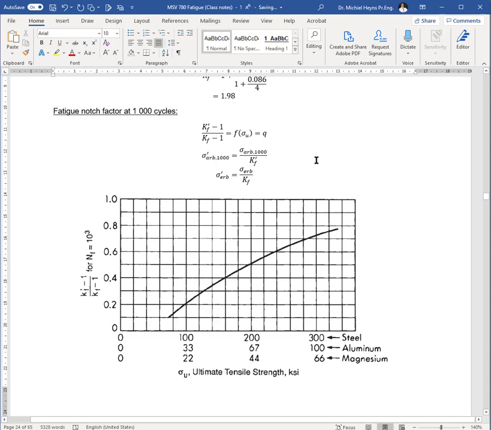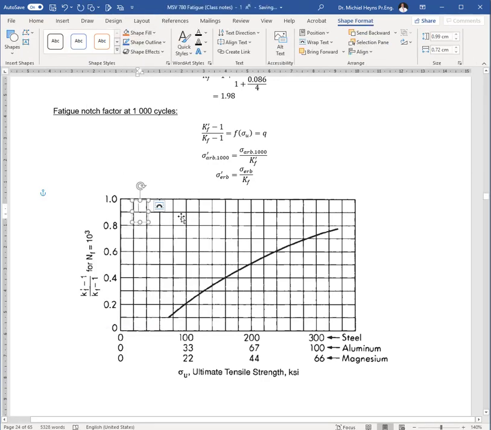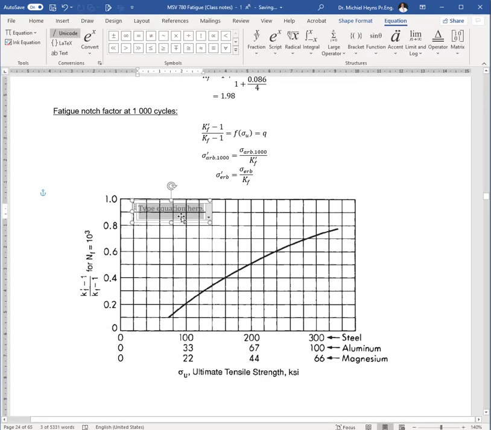Now, in this case, our ultimate tensile strength, sigma U, was equal to 1050 MPa, and that is equal to 1050 MPa divided by 6.89.